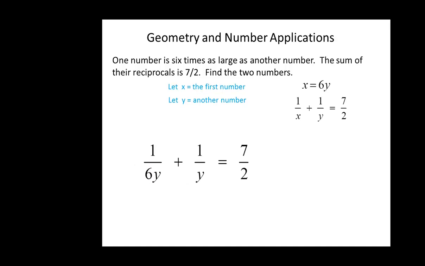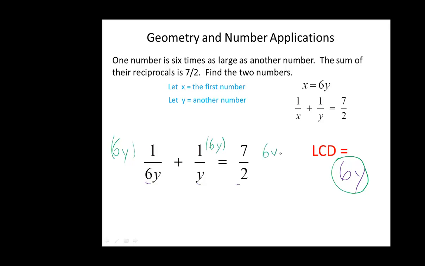How do I do that? It's a rational equation, so I need to think about the lowest common denominator. And I'm looking at each of these denominators, and I can see that 6y is the LCD. So I'm going to multiply through by this LCD. Technically, I'm multiplying both sides of the equation by 6y, and then distributing on the left-hand side.